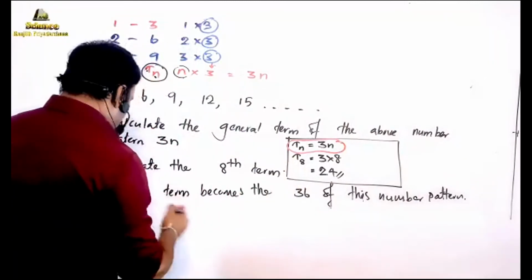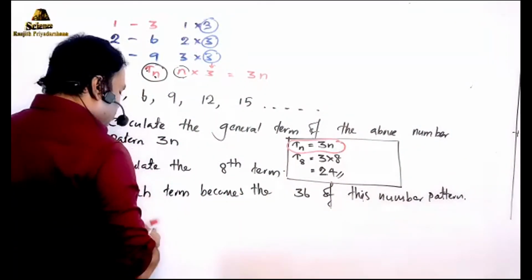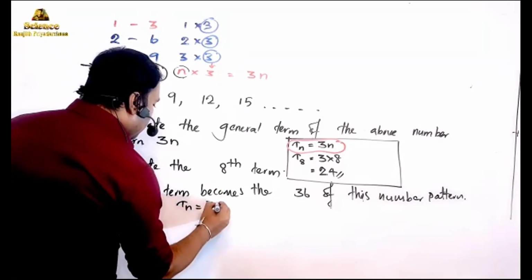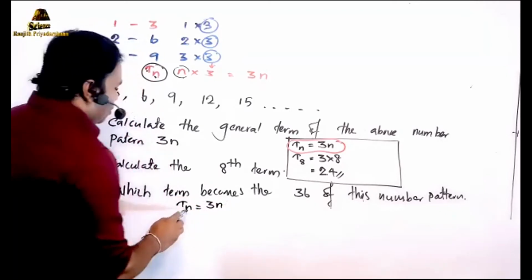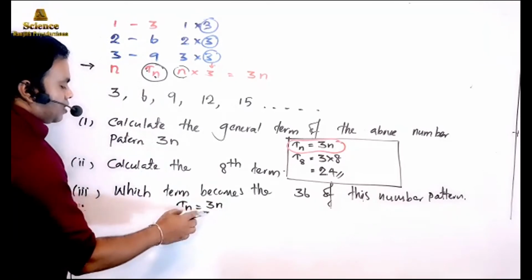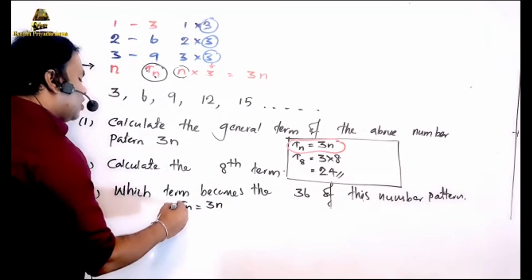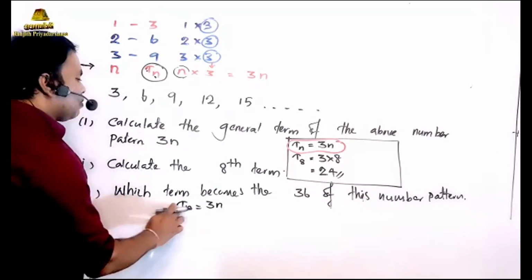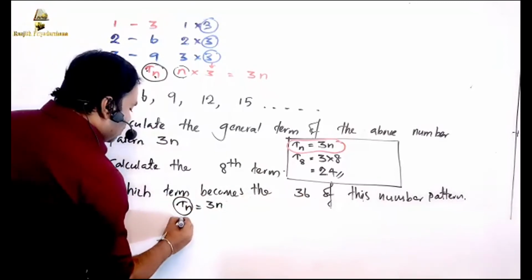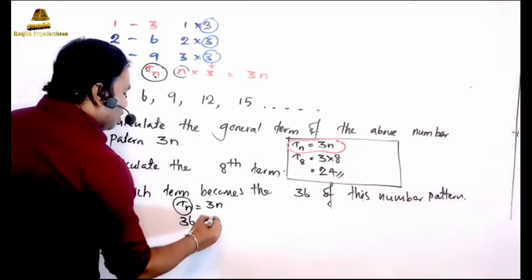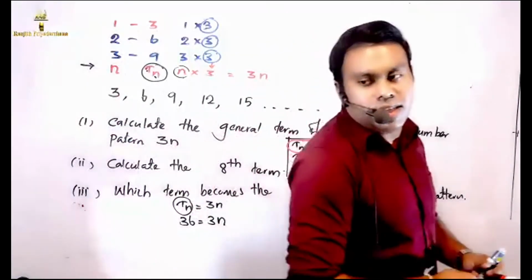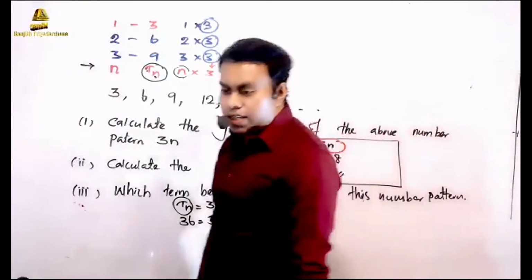You write your well-known general term, Tn equals 3n. You don't know which term is 36, but you know that the nth term is 36. Then instead of Tn you can write 36 equals 3n. Is it clear?